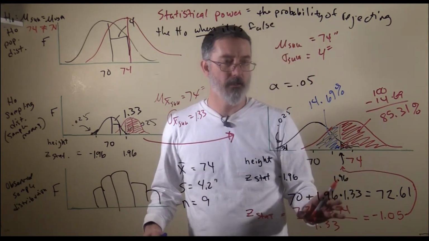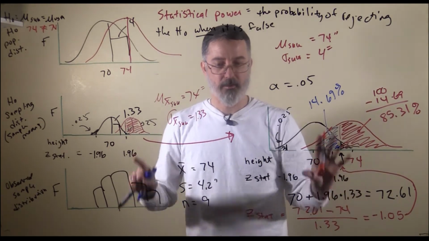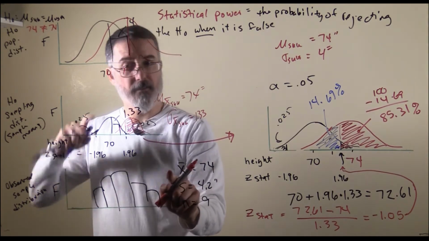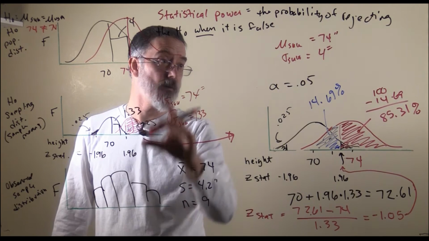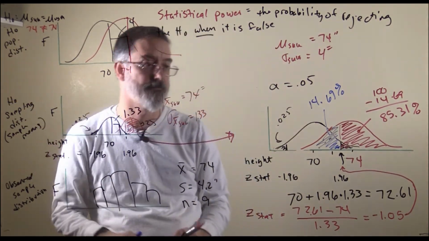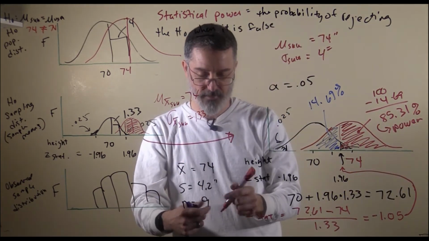Now, that ends the whole calculation of power. Notice we never figured out, given our observed sample, if we're going to reject the null hypothesis or not. That's a separate question than the power. The power can be calculated completely separate from the statistical test itself. So this is power, the probability of rejecting the null hypothesis when you should.